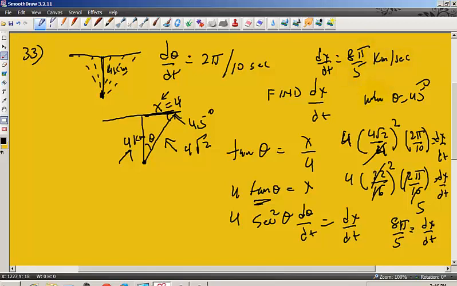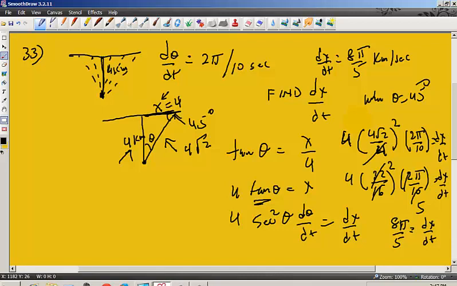All right, herein lies a problem. I should have a negative answer. So where's my mistake? Because my x is getting smaller. Where's my mistake?